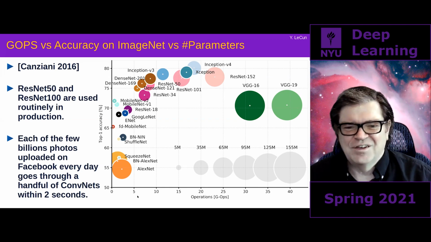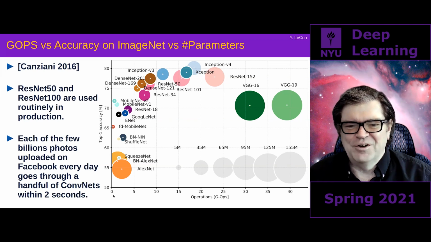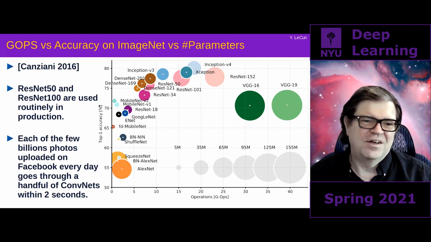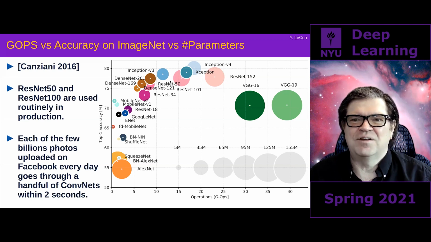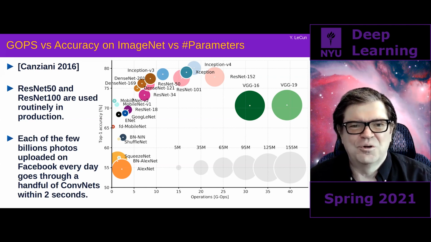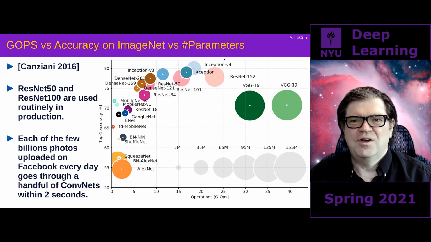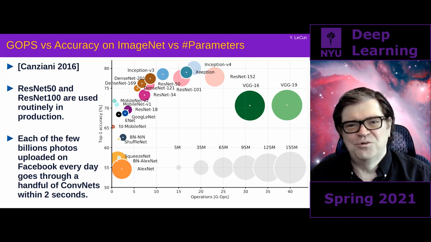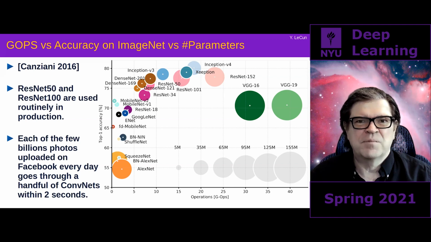It shows the number of billions of operations on the x-axis, and on the y-axis the top one accuracy on ImageNet. There are various versions here of ResNet and Inception, which is an architecture proposed by Google. And there's a lot more now, and people are up to 90% now, but they use something other than supervised learning. Okay, I'm going to drop out, so I'm going to stop here.